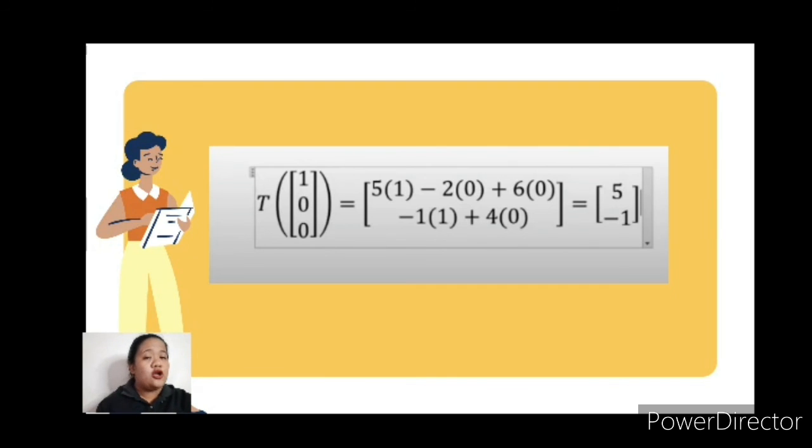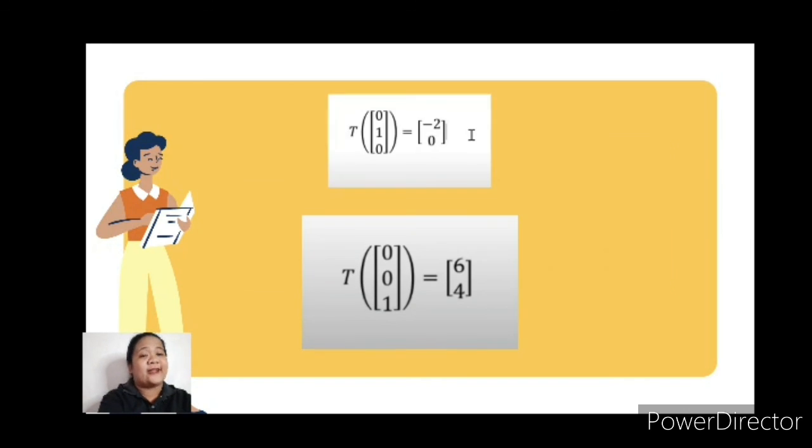So the first column of the matrix A is 5 and negative 1. We will proceed to the second column.